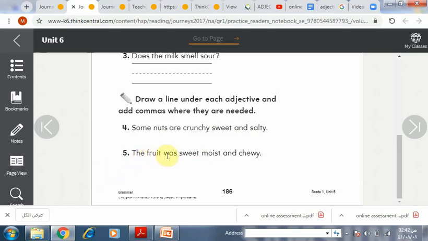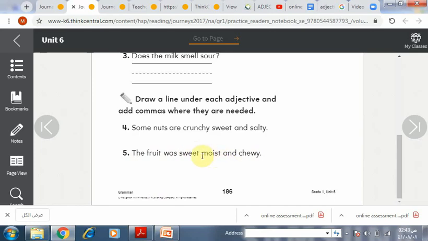Number 5. The fruit was sweet and moist and chewy. Where are the adjectives? The, surely not. Fruit, that's a noun. Was, that's a verb. Sweet, is it a describing word? Yeah, it describes how something tastes.